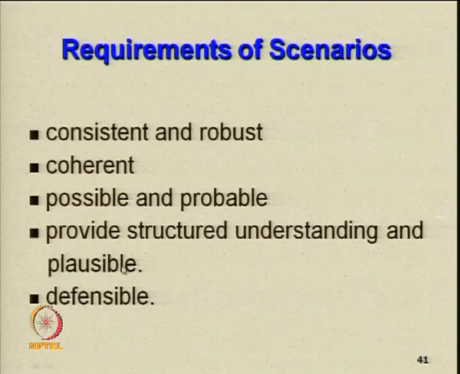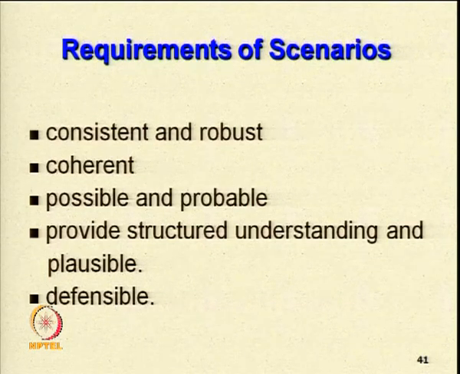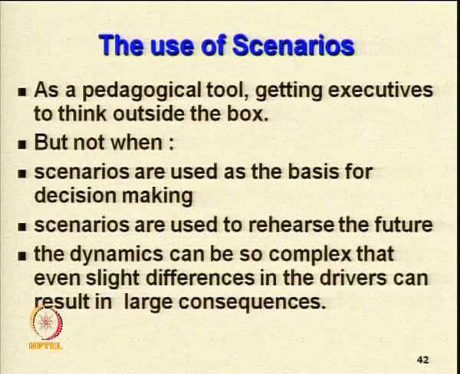Probability is chances are higher. Provide structured understanding and plausibility, and above all it must be defensible. You should be able to show how that scenario will actually work and why it is a probability. It cannot be a figment of your imagination.